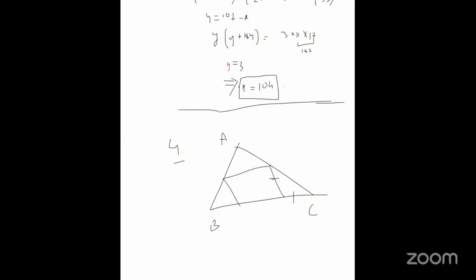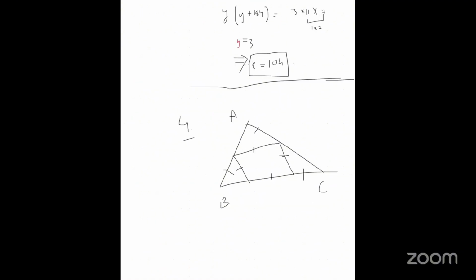It's a bit of a puzzle here, just having all these equal things. This is equal, and this is equal, so all these are equal, and that's given to you. You have to find the angles of triangle ABC. So how do you want to start?